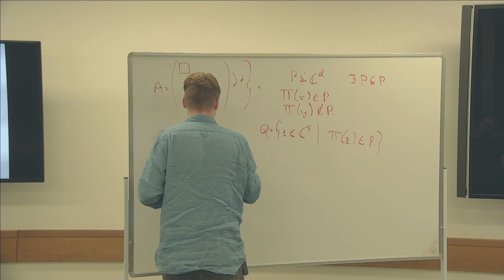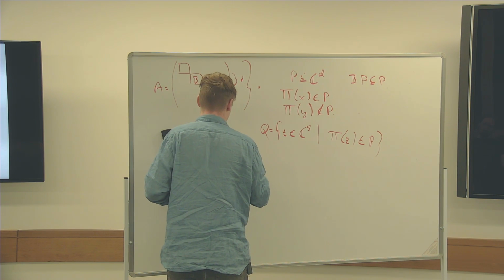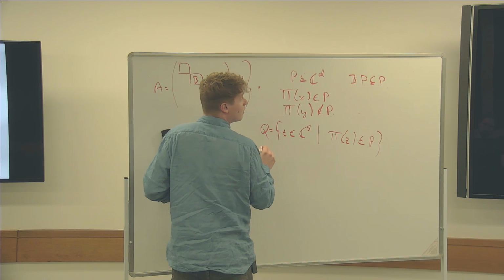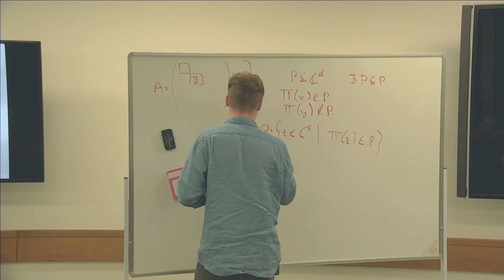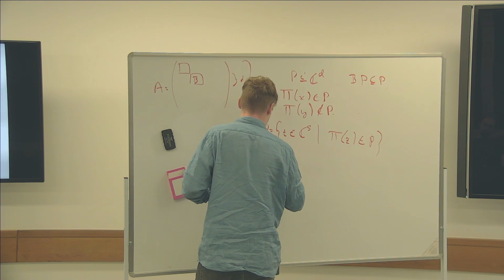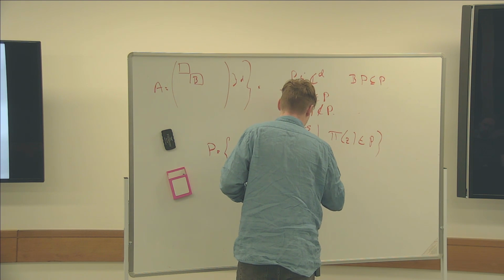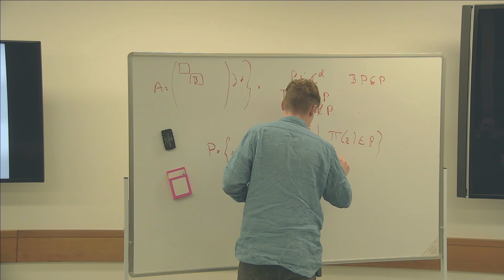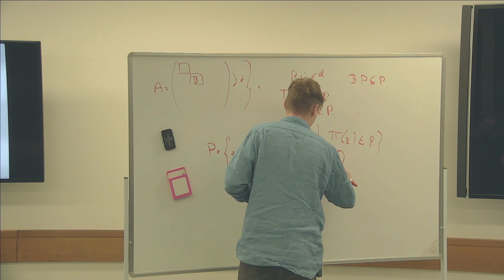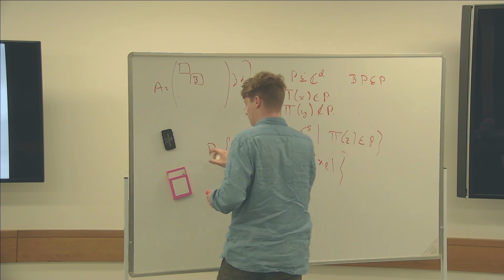But here P is the set of, did I specify? No. Okay, let's say C to the D, such that ZL is bigger in norm than... yeah, and then, sorry.